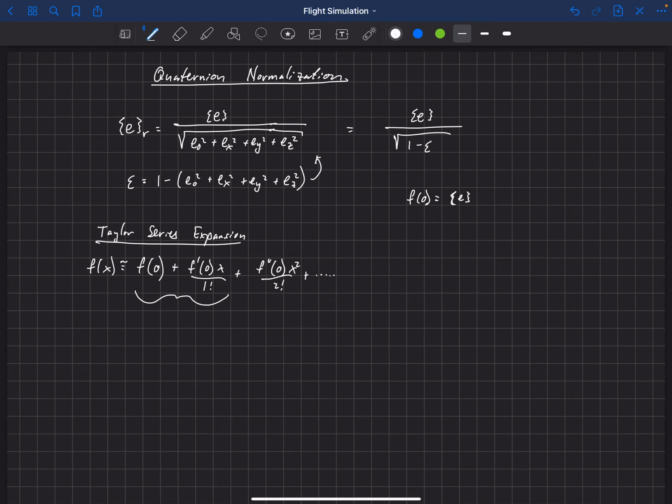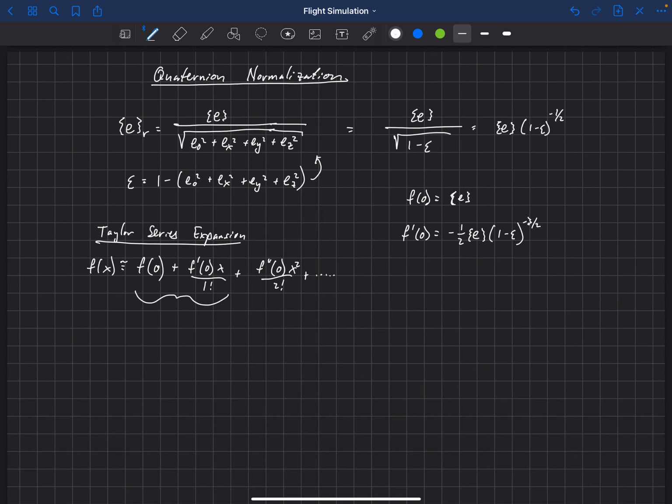Now we need f prime of 0, so we need to take the first derivative of this. In order to do that, I'm going to rewrite this as e, the quaternion, times 1 minus epsilon to the minus 1/2. The derivative of that is going to be minus 1/2 times e times 1 minus epsilon to the minus 3/2.